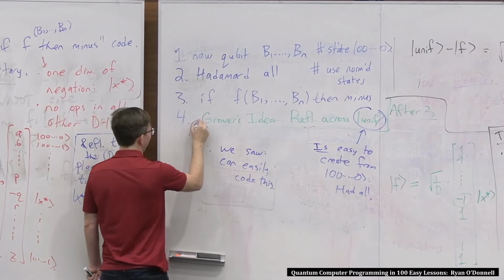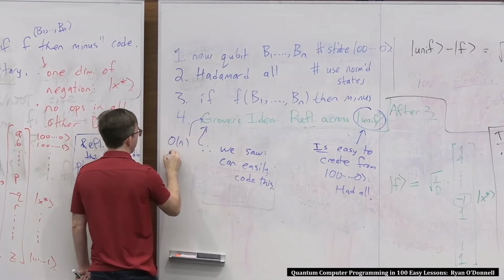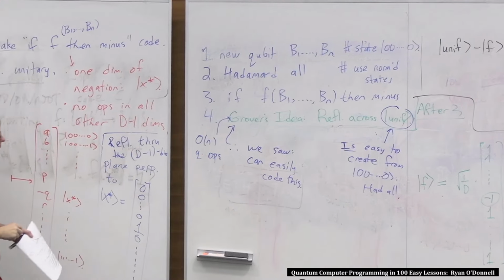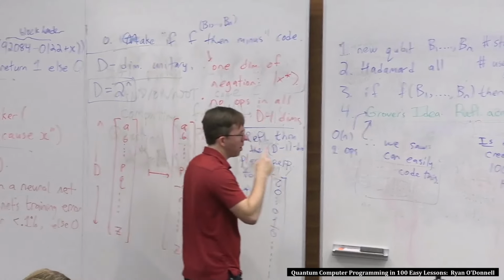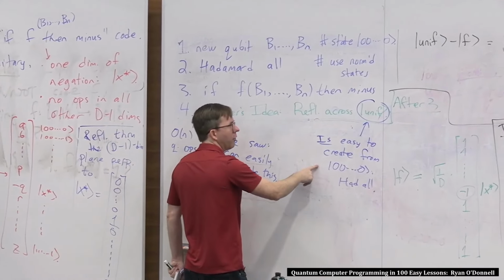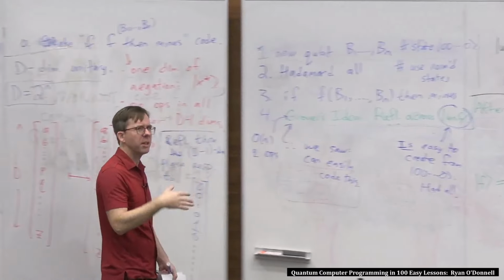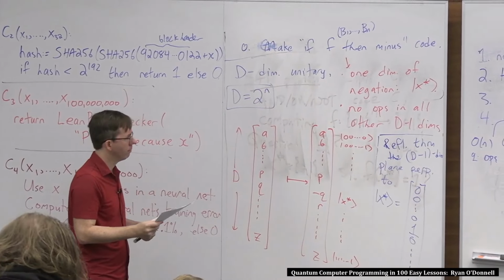In other words, this is literally order n quantum instructions. You do Hadamard all, and then you do if the OR of all the bits, then minus, and then you do Hadamard all. That's because Hadamard is its own undo.